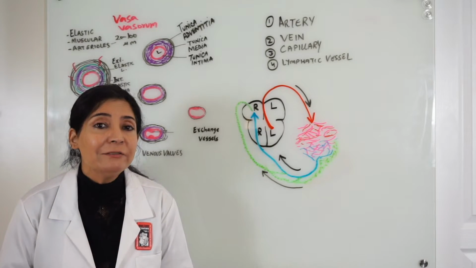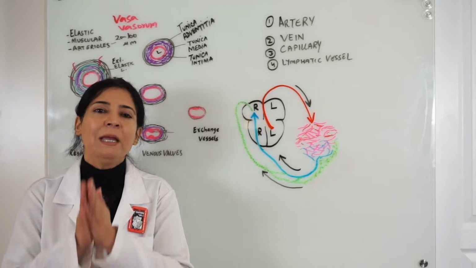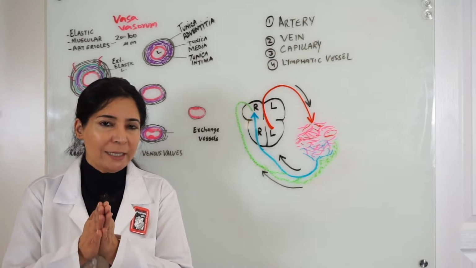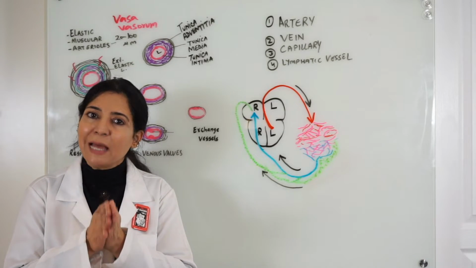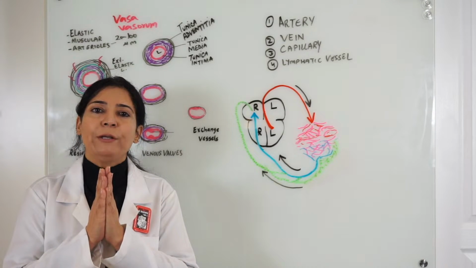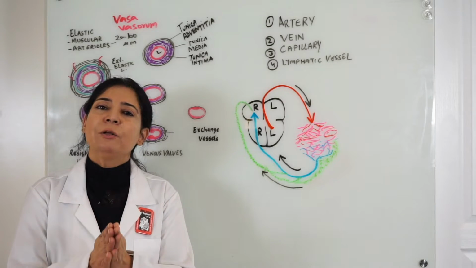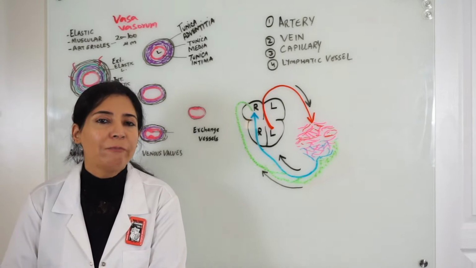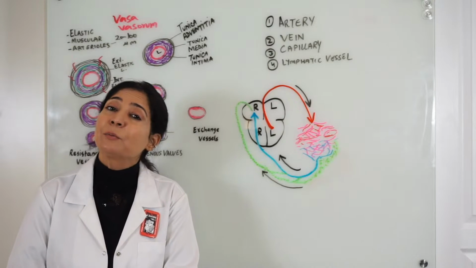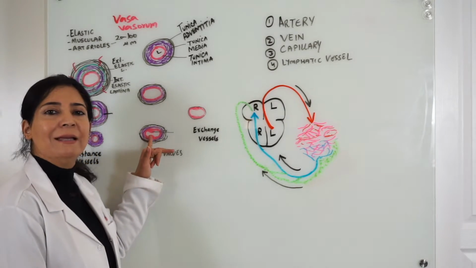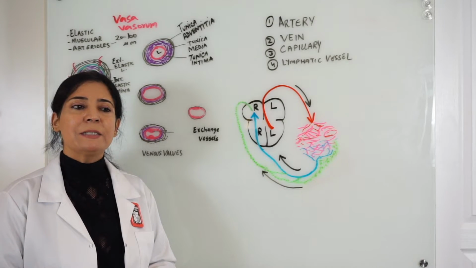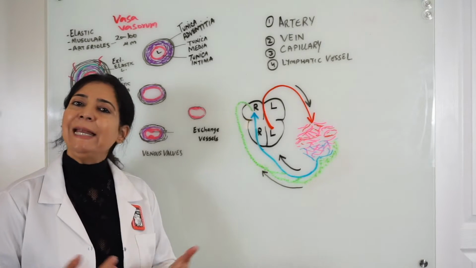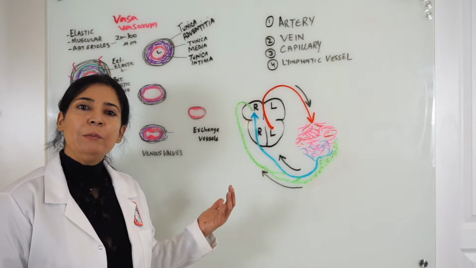So the large veins, especially the veins of the lower limb, have flaps in their tunica intima known as the venous valves, and they are responsible for the prevention of backflow or pooling of blood into the lower limbs. That's what happens when these valves get weaker, or sometimes damaged.